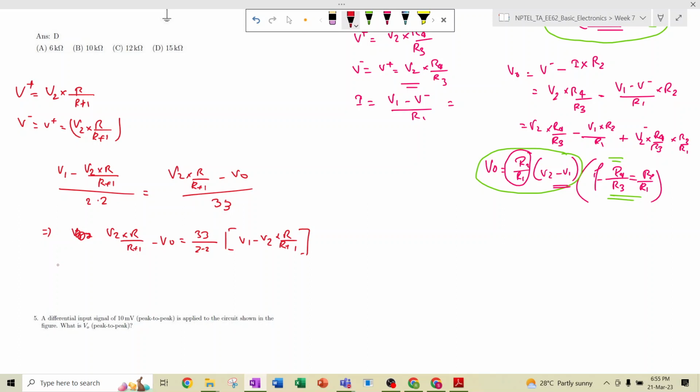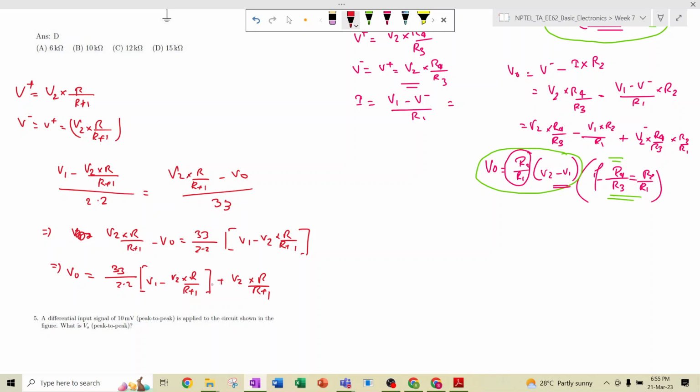If we move VO to one side, we get 33 divided by 2.2 V1 minus V2 into R plus 1, plus V2 into R divided by R plus 1.